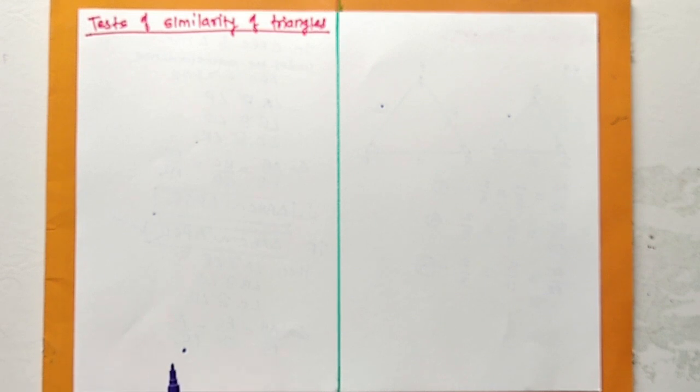This means for similarity of two triangles we must satisfy 6 conditions. Out of these 6 conditions, when 3 specific conditions are fulfilled, the remaining conditions are automatically fulfilled.